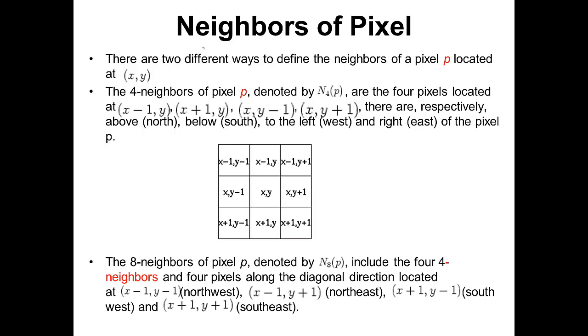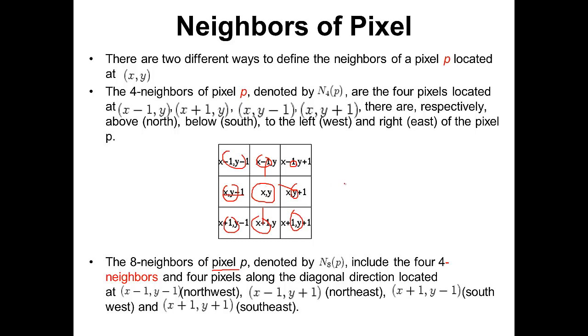Besides the 4 neighbors of pixel P, which include this kind of pixel, we also have the 8 neighbors of pixel P. The 8 neighbors of pixel P means the 8 pixels around the pixel (x, y), so it includes the whole 8 pixels near this pixel.